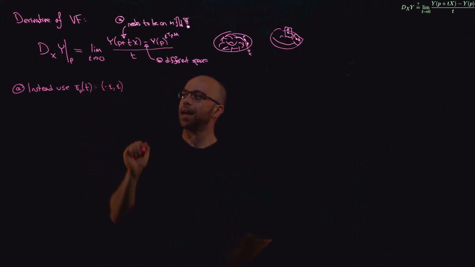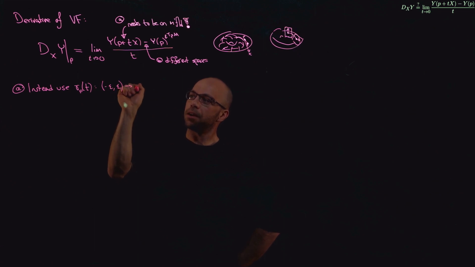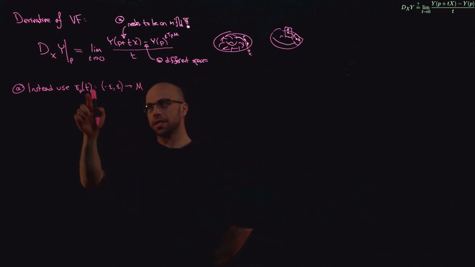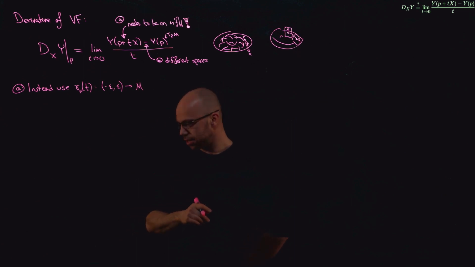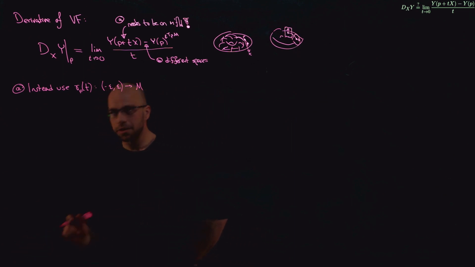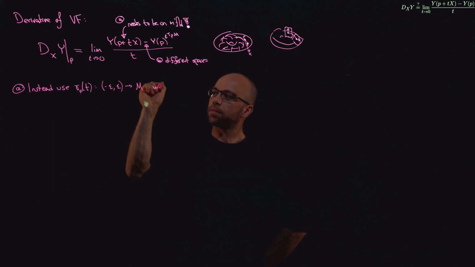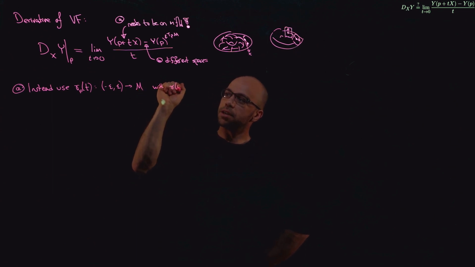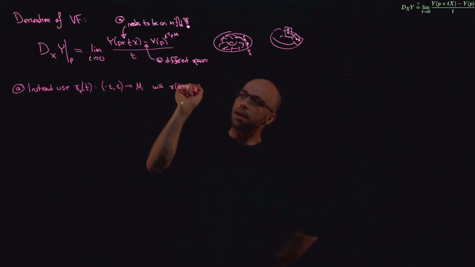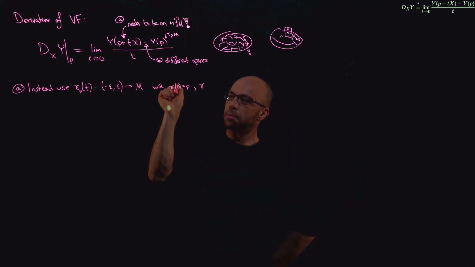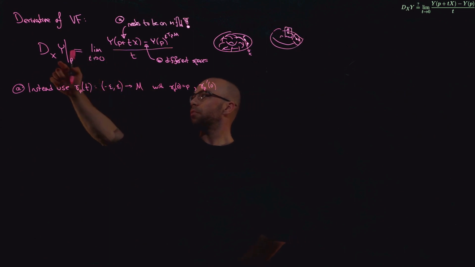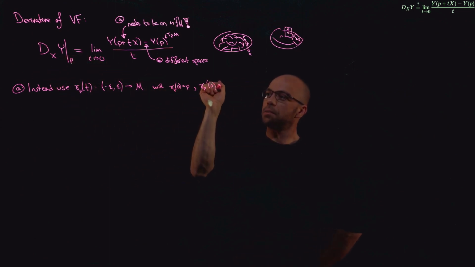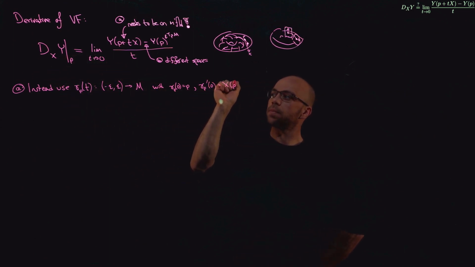We don't really care what happens globally. It basically traces out a curve in our manifold with initial tangent x, right? So we're going to make sure that gamma p of 0 is equal to p, and gamma p prime of 0 is, remember we're differentiating in the x direction, so maybe this is x of p.